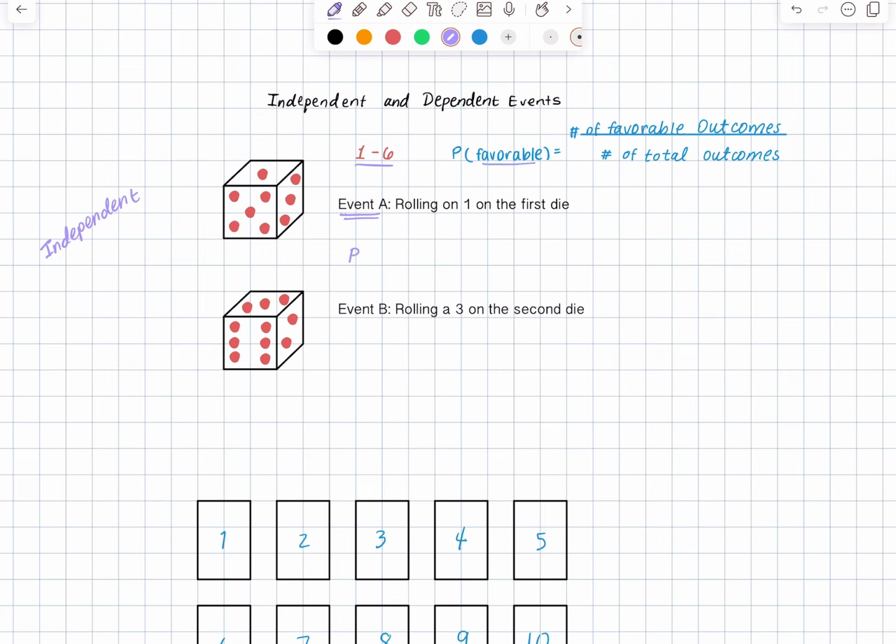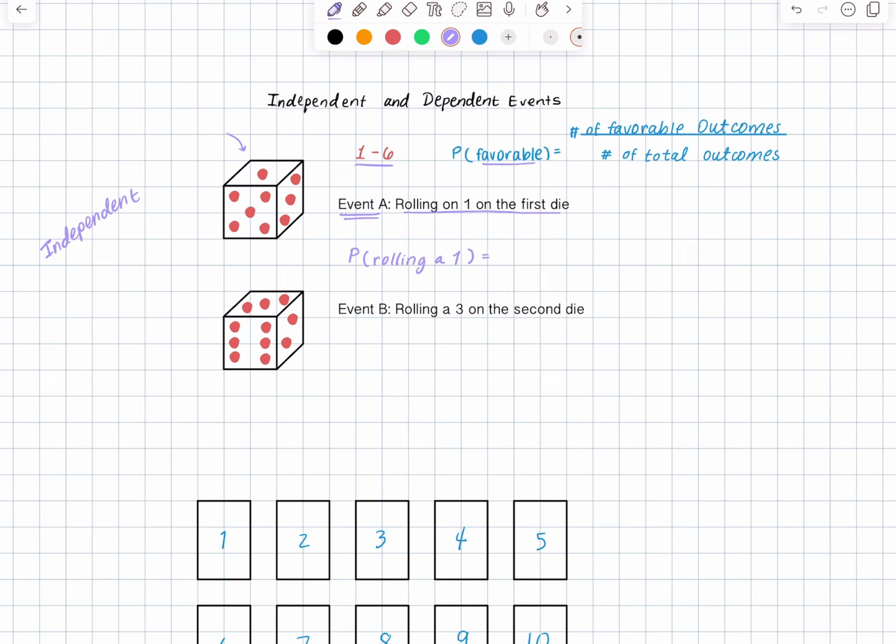So we have P. What's favorable? What is the question asking us? Rolling a 1 on the first die. So the probability of rolling a 1. The first die just means this die right here.